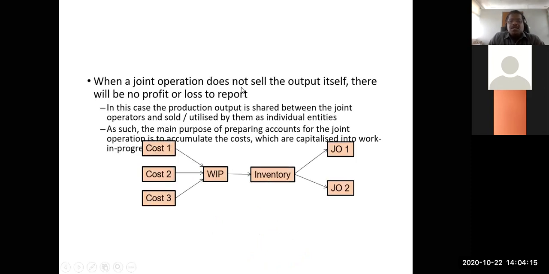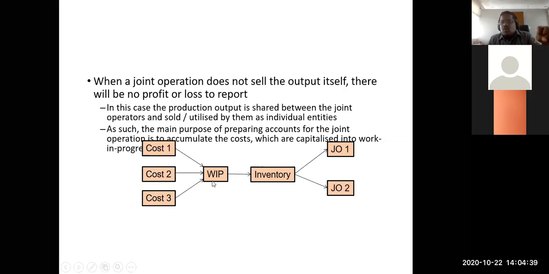When a joint operation does not sell the output itself, there will be no profit or loss to report. So this diagram says cost item 1, cost item 2, cost item 3, the manufacturing process. Maybe raw material, maybe overheads, maybe wages.